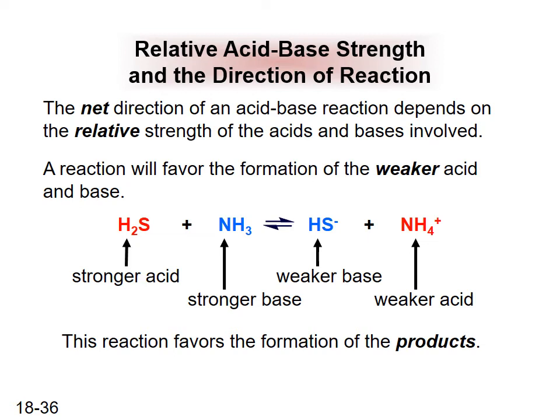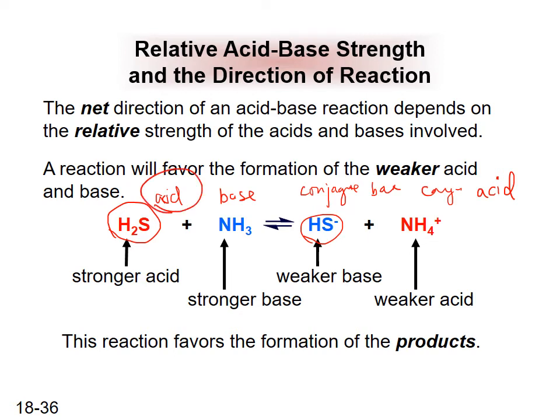For example, in this reaction, hydrogen sulfide is an acid, and hydrogen sulfide ion is a conjugate base. Ammonia is a base, and ammonium is a conjugate acid. So you have two acids, acid 1 and acid 2, and two bases, base 1 and base 2.